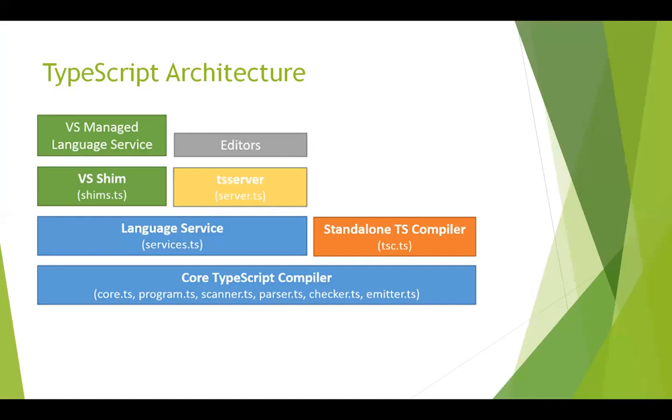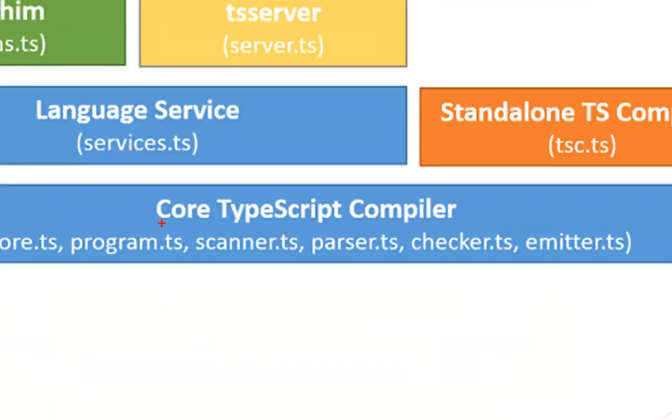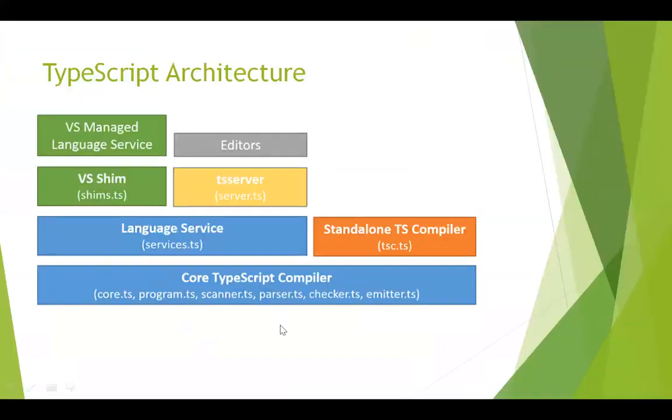In the TypeScript architecture, you can see from the bottom, TypeScript has a core compiler. Now tell me, as a developer, what is the role of a compiler? The compiler's responsibility is translating the high level language program into machine code.